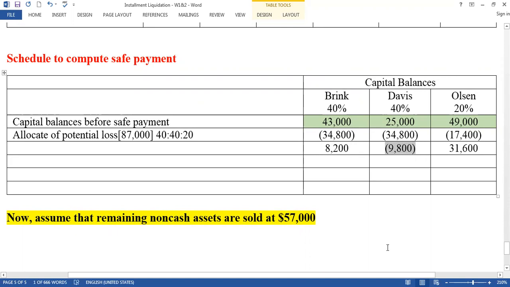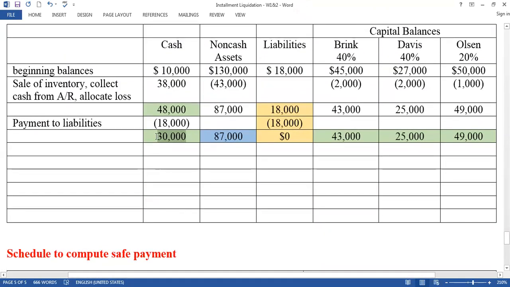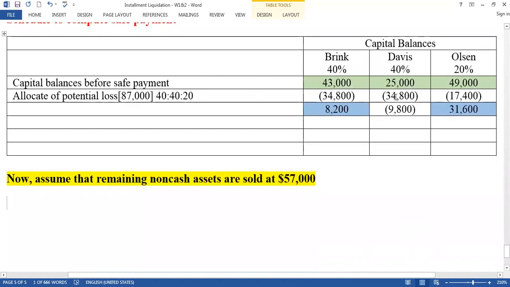Now, who has the surviving ability? Olson has the surviving ability, and Briggs has the surviving ability. But if we add these two amounts together, look here, it is over $30,000, because how much cash do we have remaining? We have only $30,000 remaining, and we find that Davis is not going to receive any money today.